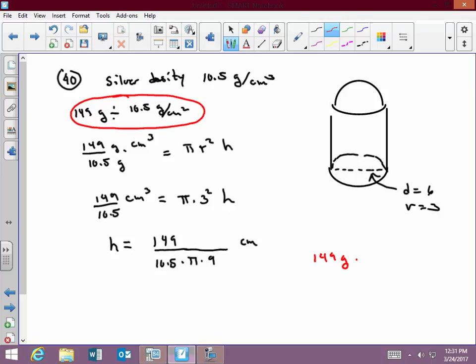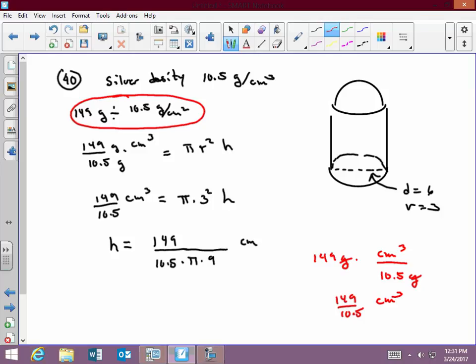So I got centimeters cubed over 10.5 grams. And the grams drop out. And that tells me how many, 149 over 10.5 tells me the volume that should be displaced if it's pure silver.